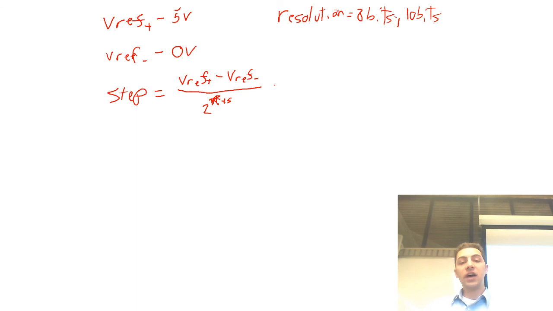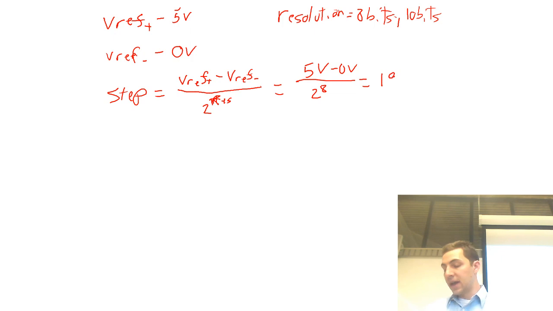So if I were to do this, I could take my voltage, 5 volts minus 0 volts, divide it by 2 to the 8, and what would I get? Well, that's just 5 divided by 256, 19.53. What are the units on this answer?